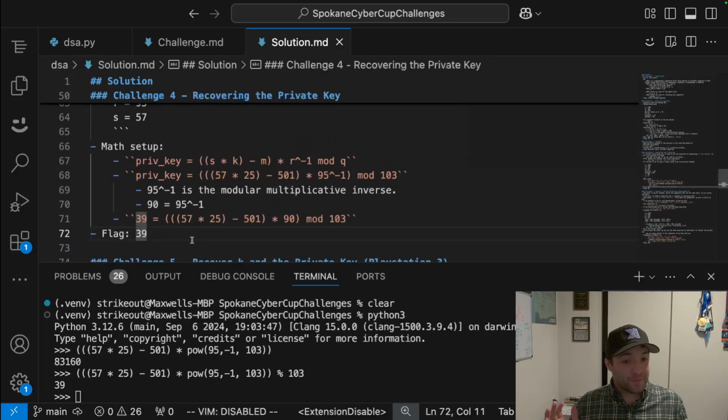So I don't fully understand why this works. I did at one point. I think all you have to do is take the algorithm and move the various values around.